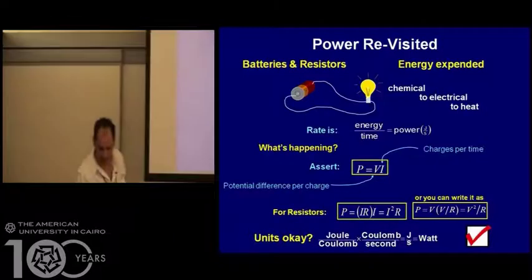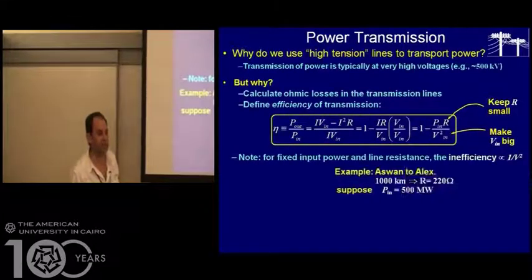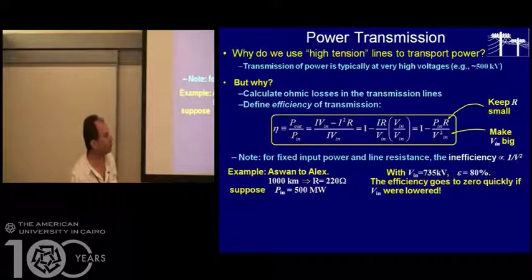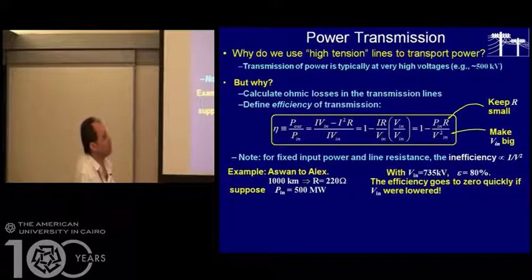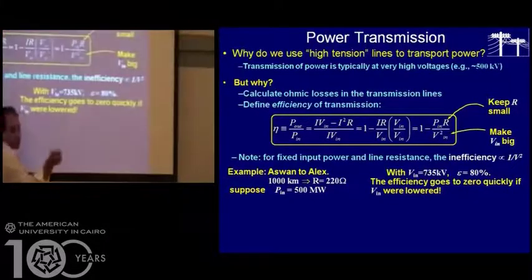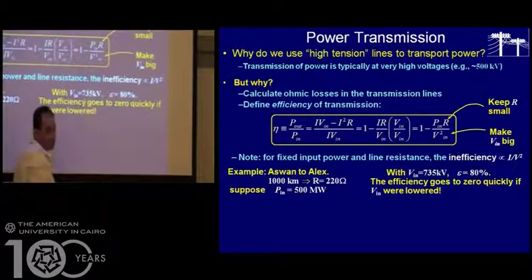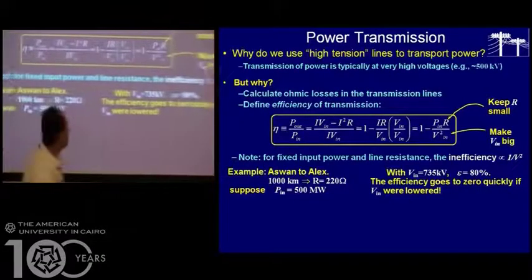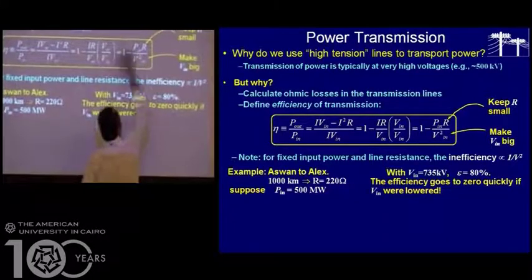True, but here we're talking about efficiency. The power loss is going to be the same, but actually the power loss is going to be minimized if you increase the voltage. You forgot that when you increase the V, you have R working with you to oppose that. So this whole term is the losses.